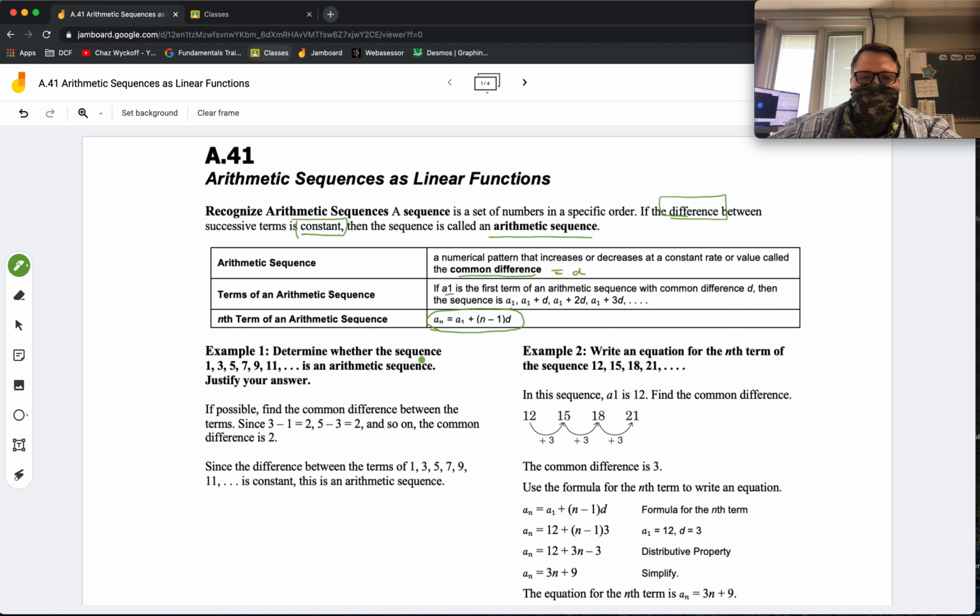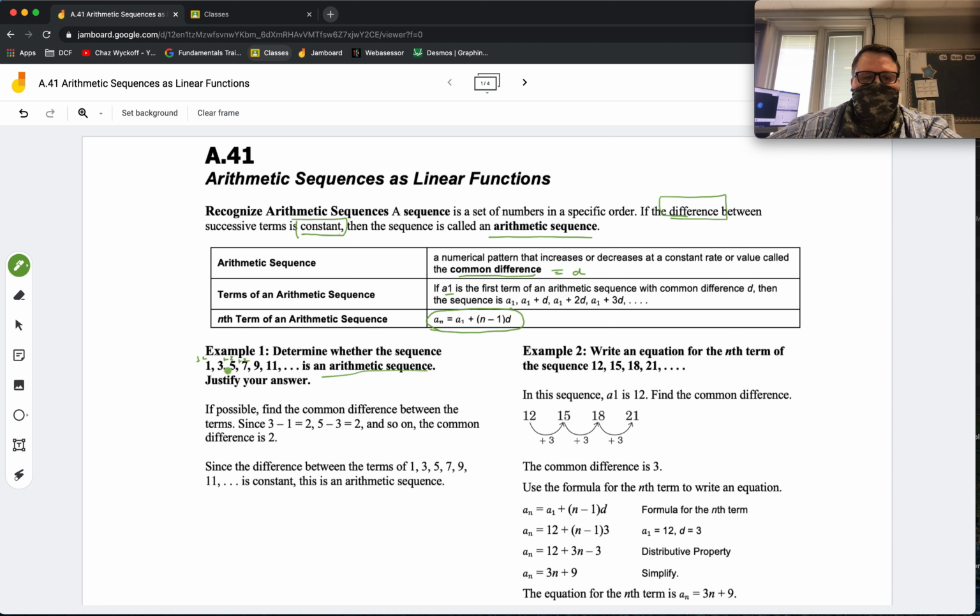So determine whether the sequence is an arithmetic sequence and justify your answer. The first thing we want to do is, 1 to 3, we added 2. 3 to 5, we added 2. 5 to 7, we added 2. So if you're noticing, 7 plus 2 is 9, 9 plus 2 is 11.